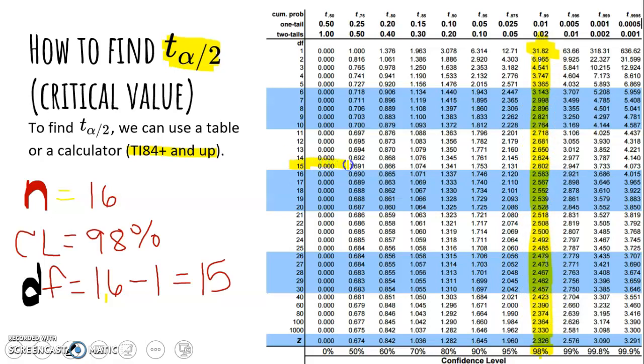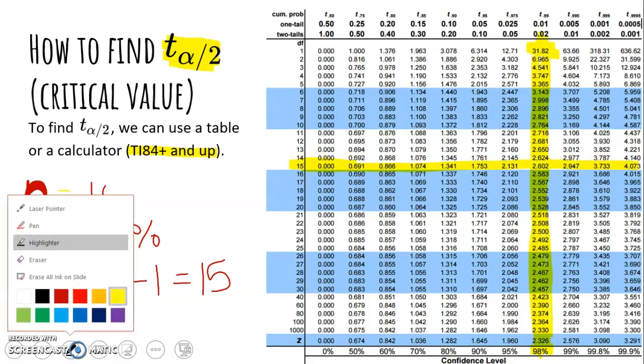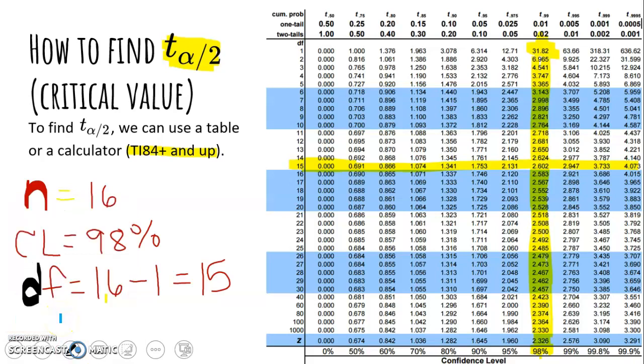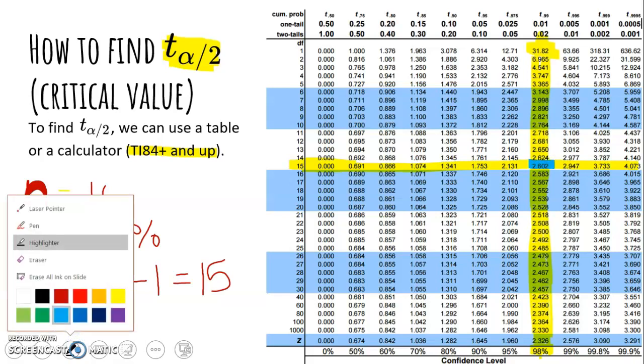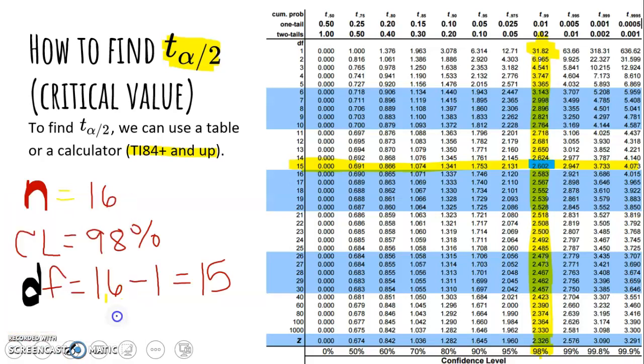And we find the row that says 15, and then we find their intersection. So the intersection would be 2.602. So our t critical value is 2.602. So again, find your confidence level on the bottom and then go up to your degree of freedom. Degree of freedom is not your n, it's n minus 1.